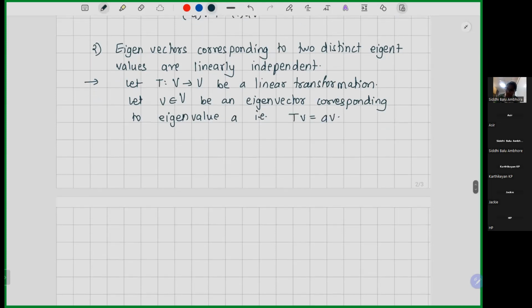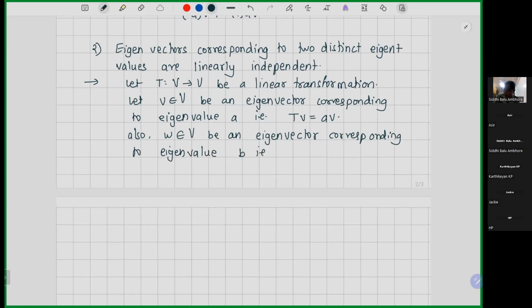And also w belonging to V is an eigenvector similarly corresponding to eigenvalue B, that is, we have Tw is equal to Bw. And A we are assuming is not equal to B.